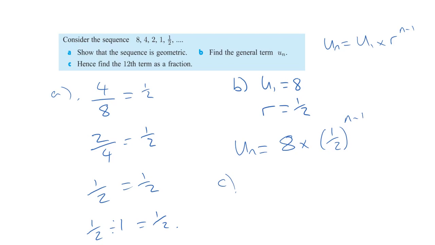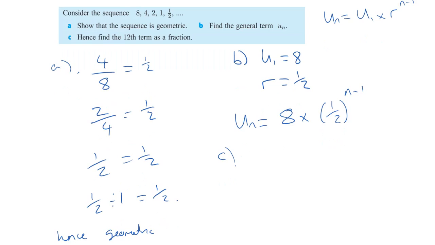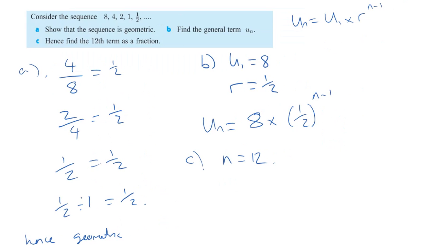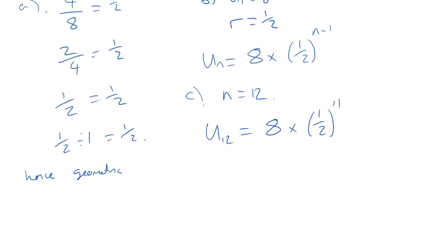Okay, C. Hence, find the 12th term as a fraction. Okay, so that means that n is 12, if we want to find that 12th term. So popping this into the formula, U12 is going to be 8 multiplied by a half to the power of 11, right? Okay, so how can we do this quickly?